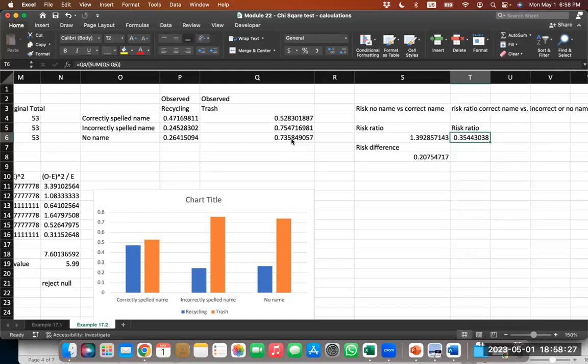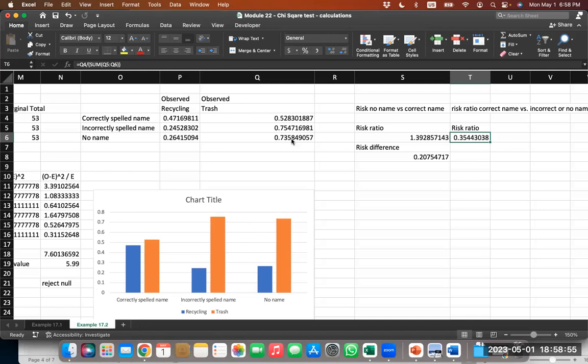So now we're looking at it from the other way around. So now we took the risk ratio of correct name as compared to correctly spelled name or no name. And now note that this is now smaller than 1. So there's actually a benefit of writing a name on it, which is basically 0.35 times that of having an incorrect name or no name.